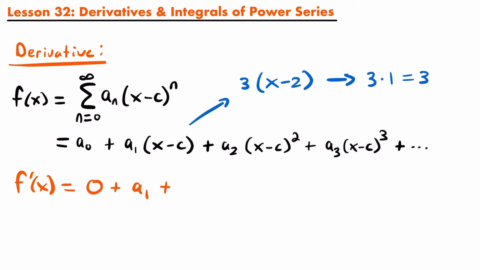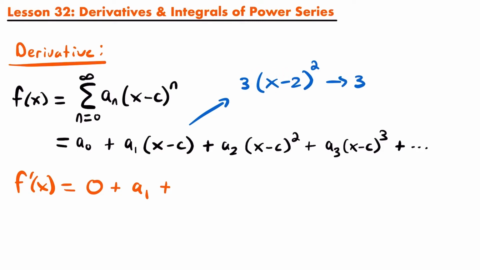If we go back to our little example, instead of having (x minus 2) to the first power, what if we had (x minus 2) squared? How would we take the derivative of an expression like this? We would still have 3 on the outside, but for this quantity we would need to use the chain rule. We start by taking the derivative of the outside function, which is the quantity squared, and then multiply by the derivative of the inside function.